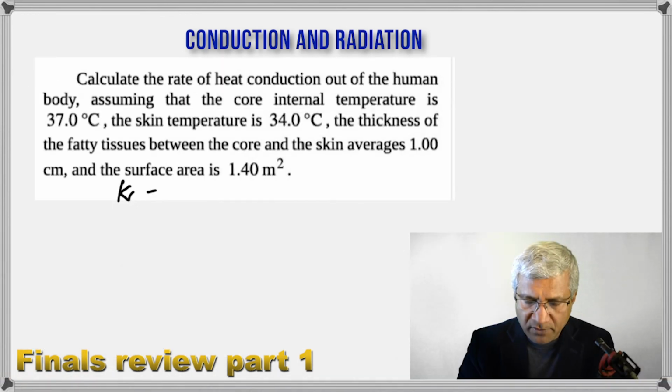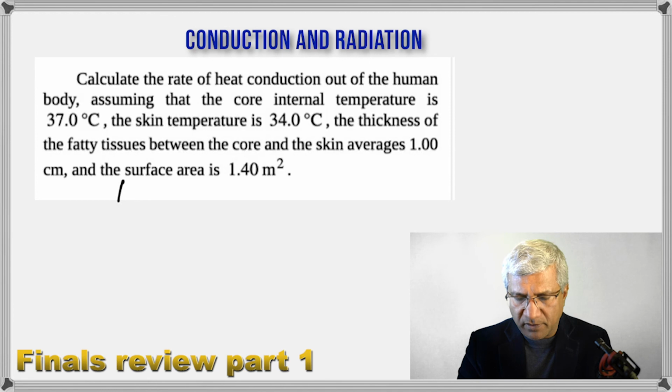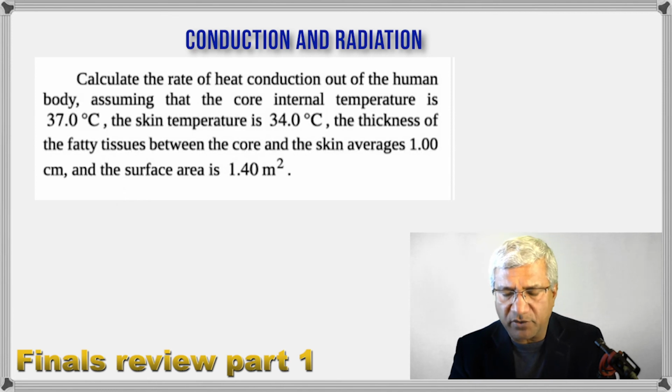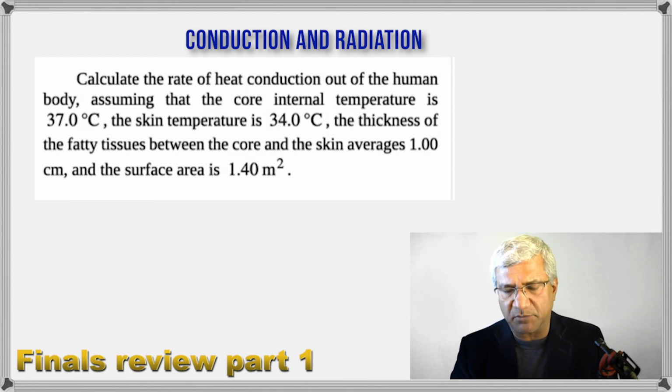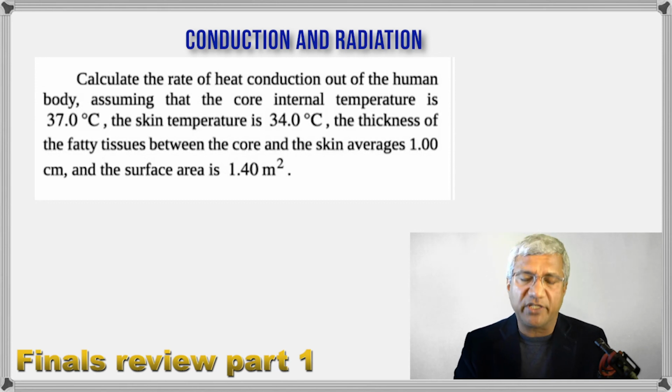Good. So here is a problem. Calculate the rate of heat conduction out of the human body, assuming that the core internal temperature is 37 degrees Celsius, the skin temperature is 34 degrees Celsius, and the thickness of the fatty tissue between the core and the skin is on average 1 centimeter. The surface area of the body is 1.40 meters squared. Very interesting.